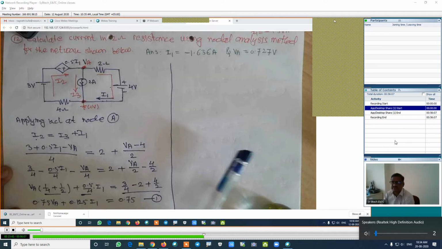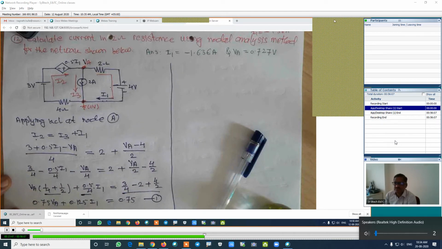Yes, Avinash. So 0.75 VA plus 0.125 I1 equal to 0.75. Okay, fine. This value is correct, whatever was told by Saurabh.